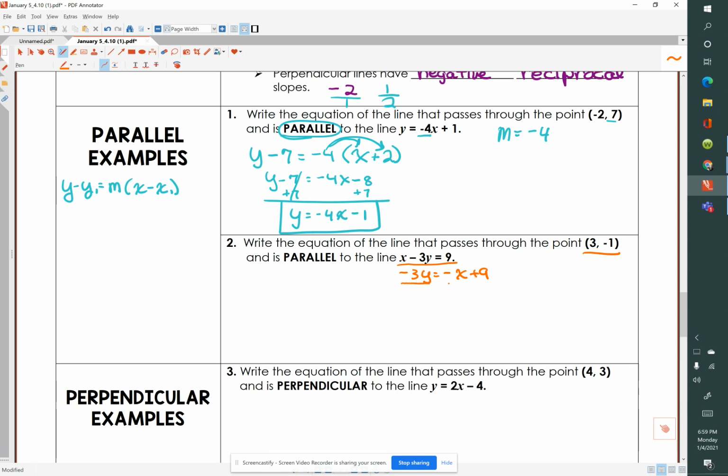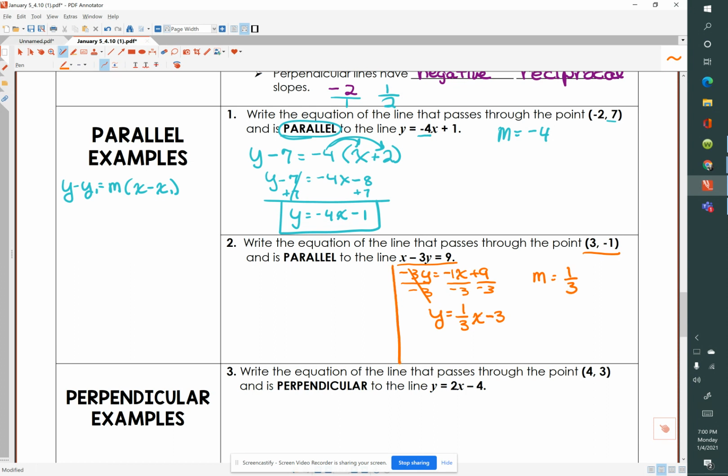Next, I divide everything by -3, which will give me y equals, this is an invisible 1 here, and negative divided by negative is a positive. So we have 1/3 x. 9 divided by -3 is -3. So y equals 1/3 x minus 3. Our slope equals 1/3. Okay, halfway there.